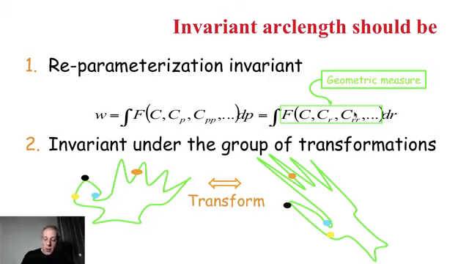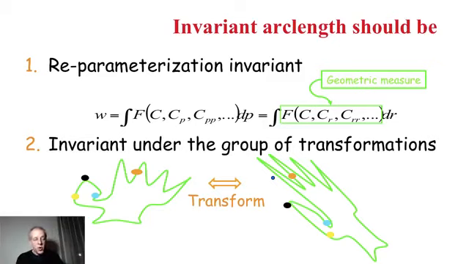So the geometric measurements that we take have to be invariant to the parametrization, and they also have to be invariant to basically the transformations that we want to do, either rotations or affine transformation. So if you take a map and you rotate the map, the distance between two cities has to remain the same distance, not just because I'm looking at the map differently, it changes. It has to be invariant to that.